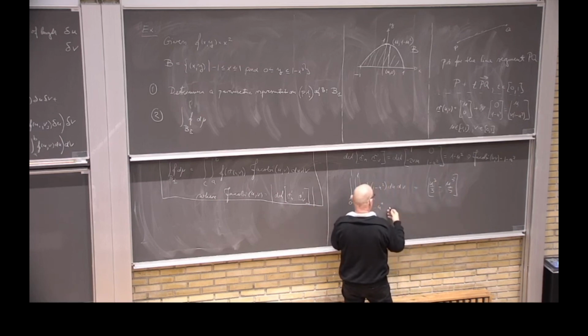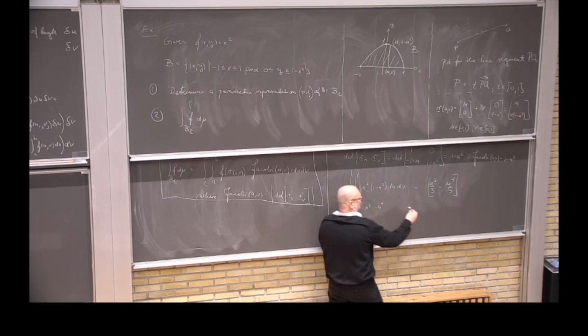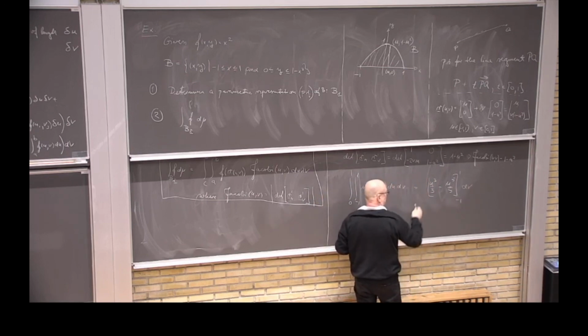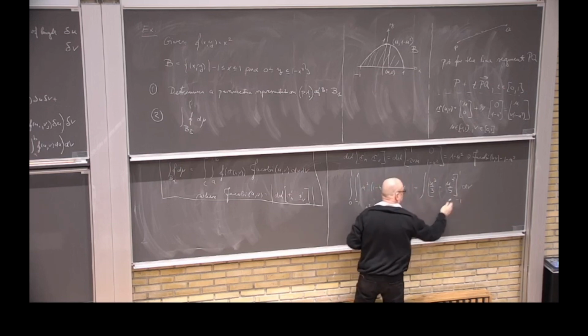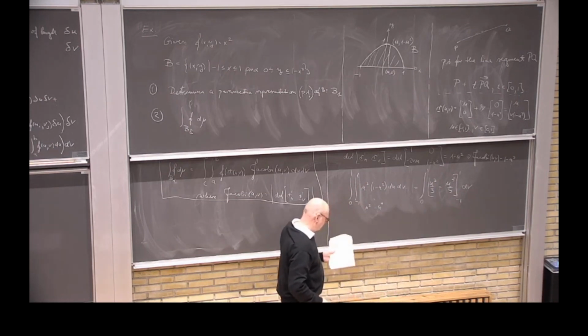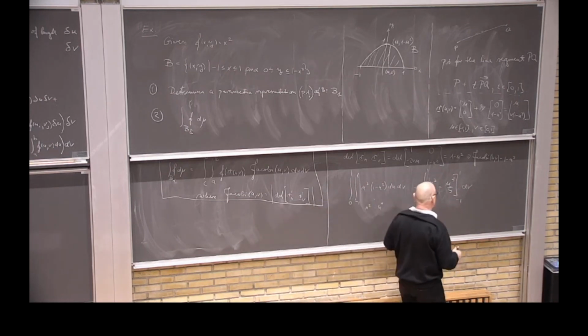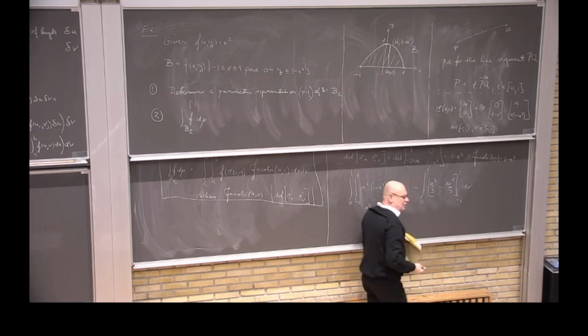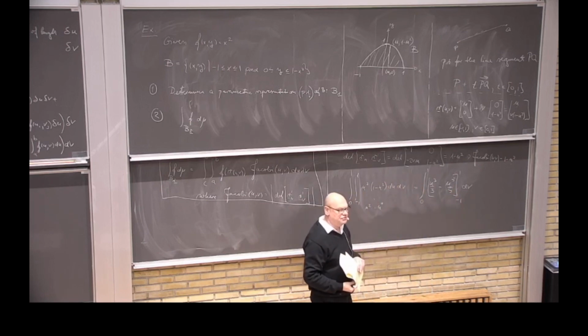And you should take this between the limits minus 1 and 1. And then afterwards you should integrate this with respect to v from 0 to 1. Now, if I put in the upper limit, I get 1/3 minus 1/5, and that is 2 divided by 15, if you put it on a common denominator.